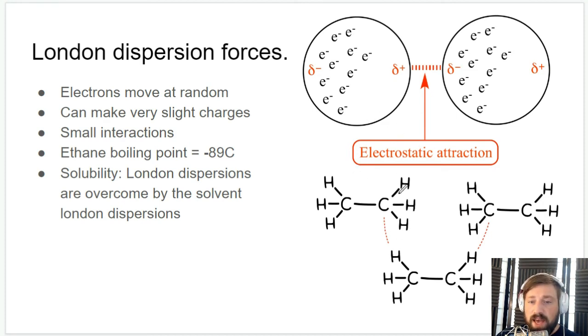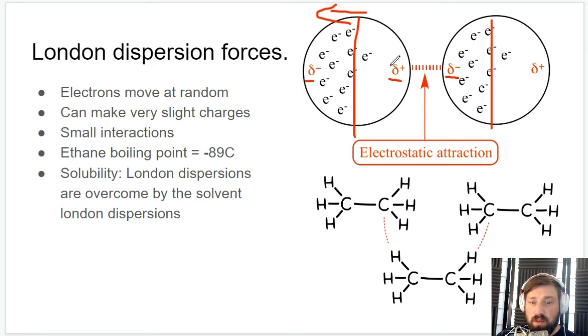So if these two atoms start getting close to one another, and it just so happens that all the electrons are going to be on one side of the atom, then that side is going to have a very slight negative charge, which will repel all the electrons to one side of your second atom, which means that we now have a positive and a negative charge.